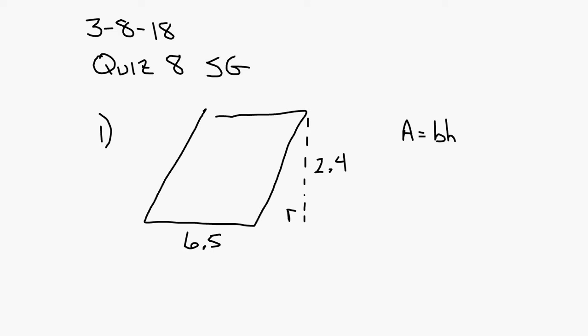This dimension right here is the height of the parallelogram. So the area in this case is going to be equal to 6.5 times 2.4. So the area is equal to 15.6.